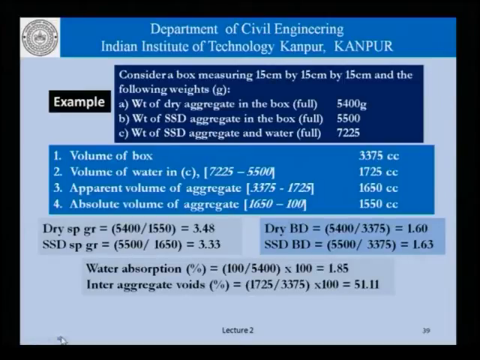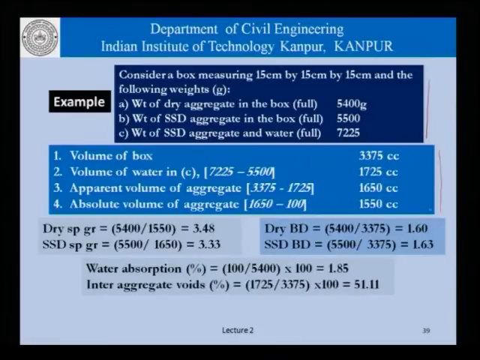So, we have an experiment where we have a box, we have filled it with dry aggregate, then we try to fill it with SSD aggregates, and finally, we pour water in that box to fill all the inter-aggregate voids with water and get a weight of 7,225 grams. Now, based on this information here, we carry out these simple calculations. We calculate the volume of the box, which is 15 into 15 into 15 and turns out to be 3,375.